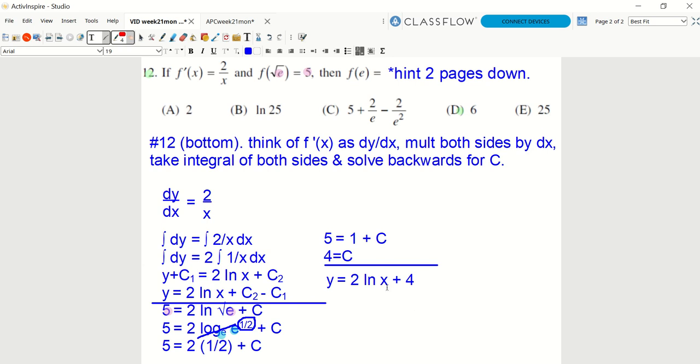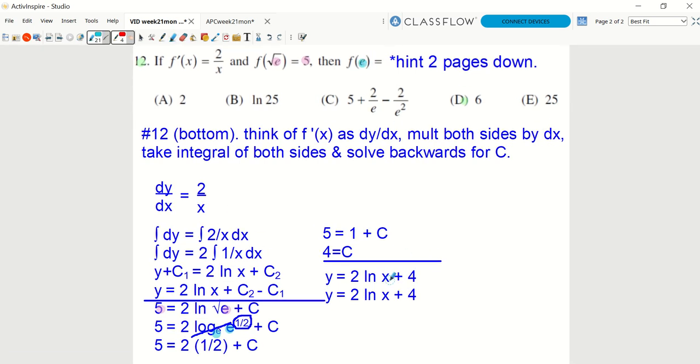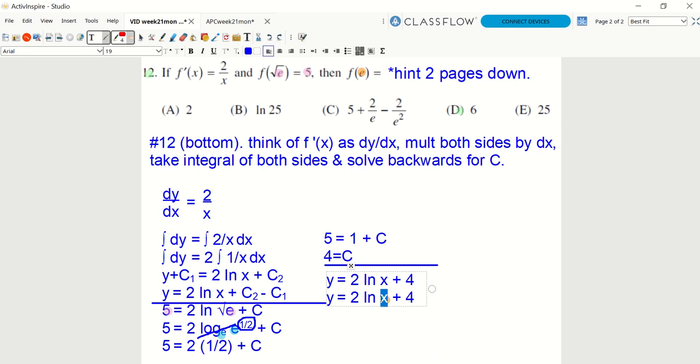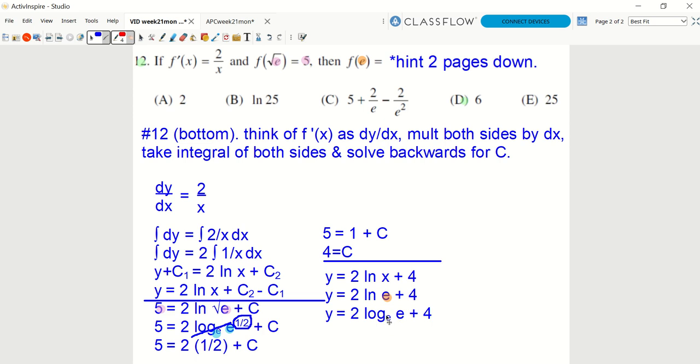And now it's asking, what is f of e? So I'm going to plug in e right here. And remember, ln is basically log base e. And this becomes a big fat log base e of e.